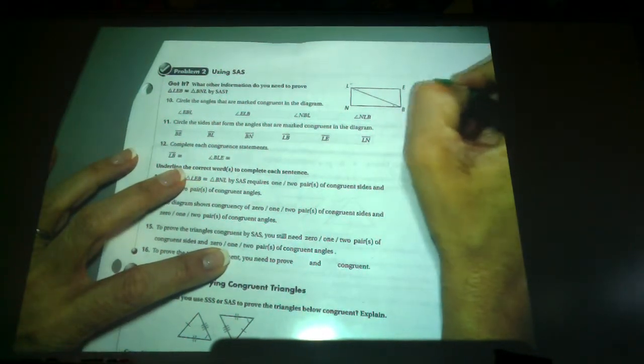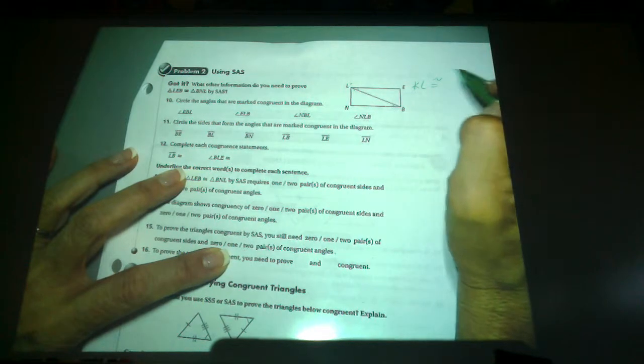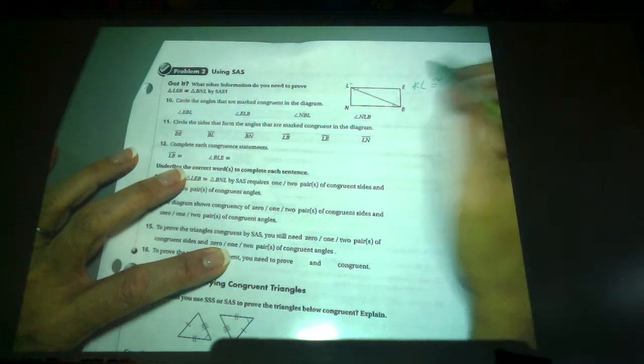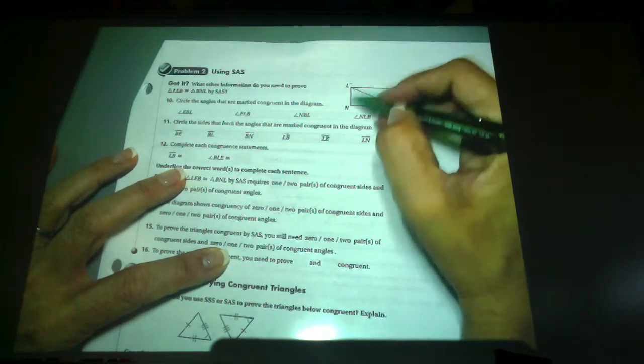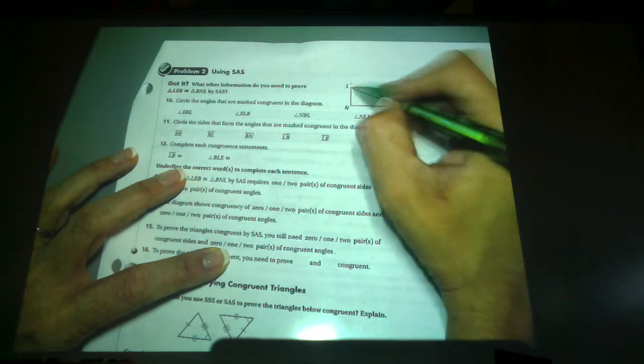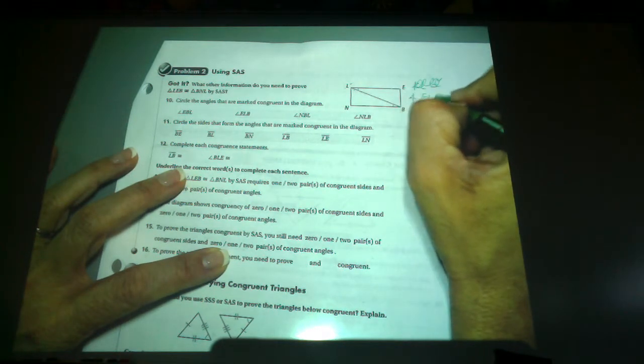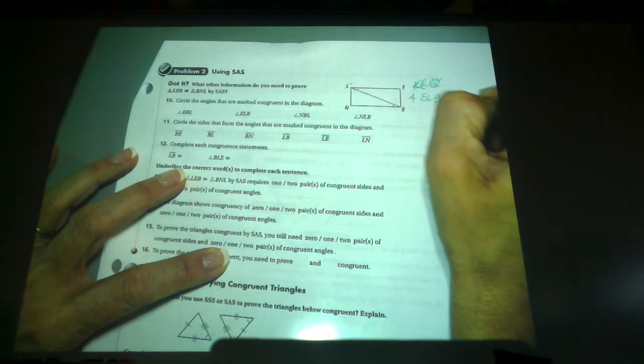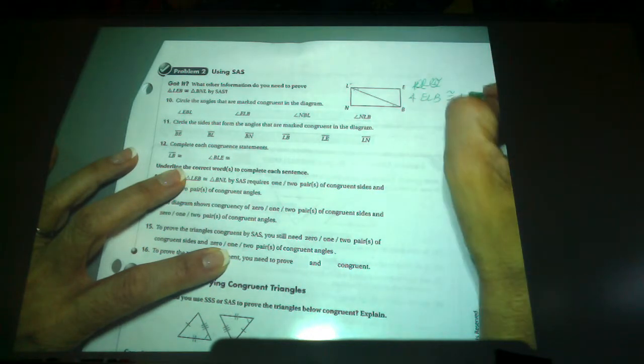So right now, haven't they given you that angle L is congruent to angle, and I can't say L, can I? Let's try again, because there's 2 angles with L. So angle ELB is congruent to angle LBN.